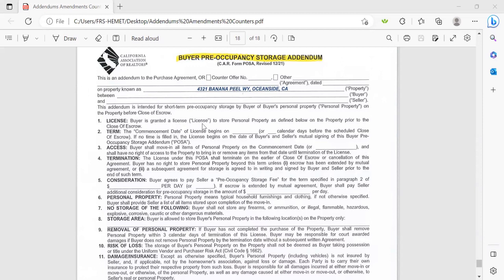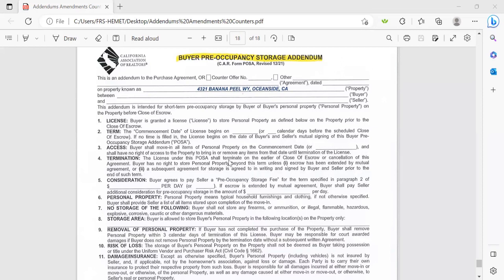Buyer has granted license, that's the one buying the property, to store personal property as defined below. And then when you get down to the as defined below, here's the date. For how many days? Buyer shall move in on such and such a date or move stuff into storage on such and such a date.